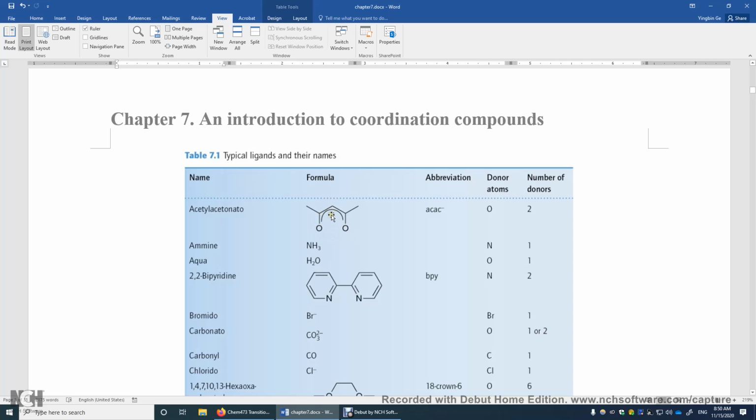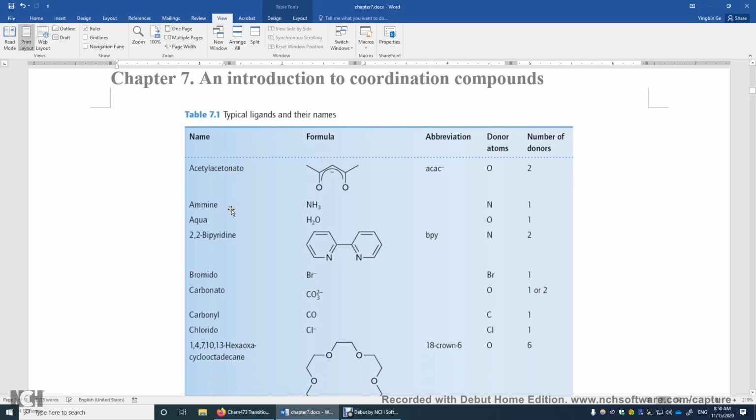That means this negative charge is delocalized on this carbon, on this oxygen, and on this oxygen. The abbreviation is acac minus. The first ac is acetyl. The second ac is from the conjugate base of acetone.